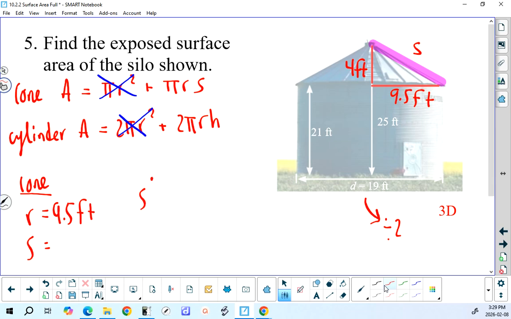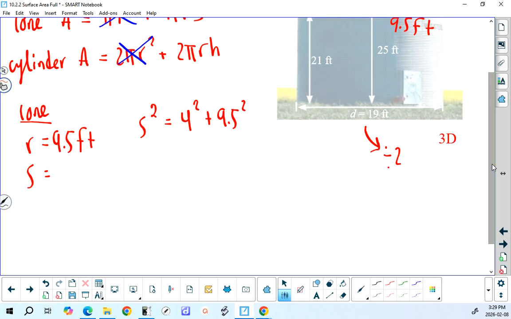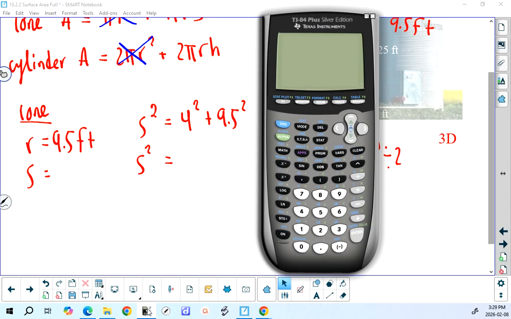And the Pythagorean theorem says hypotenuse squared equals other squared plus other squared. So we simply have to calculate this and take the square root, and we will have s for the cone. s squared equals 4 squared plus 9.5 squared, which is 106.25.